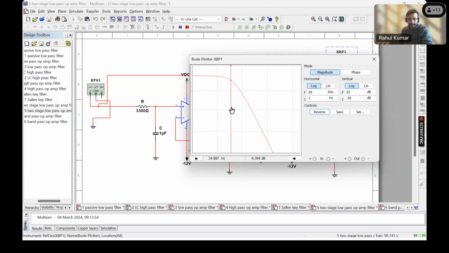Okay, and the slope, let's take maybe 100, maybe 200. Yeah, so 13 dB, and double of that will be 400.